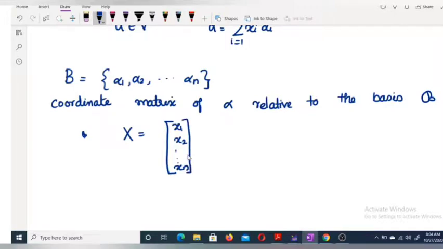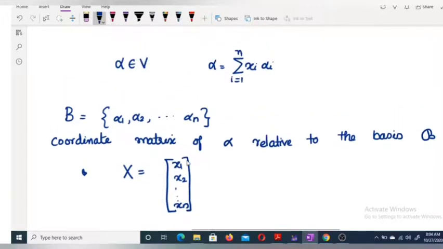Clear? For each alpha belonging to V, you can write alpha like this. These xi's are unique. So corresponding to each alpha we get a matrix like this, and this matrix is called the coordinate matrix of alpha relative to the ordered basis.